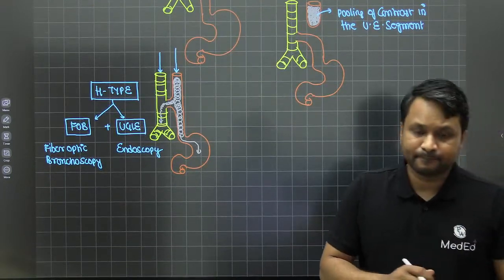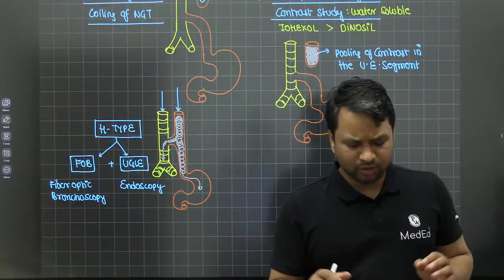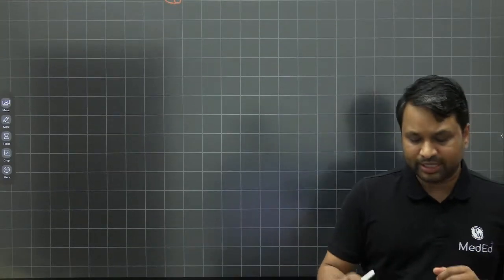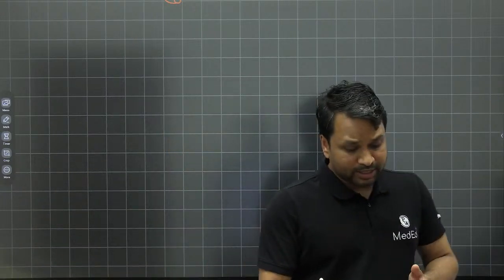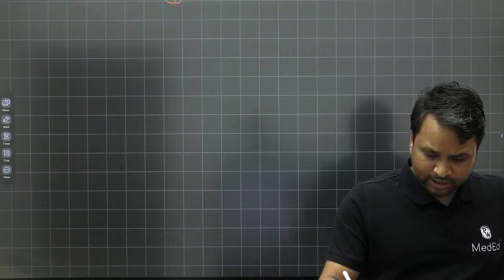Now, once you have diagnosed it, let's talk about the management, right? Once you have diagnosed this as tracheoesophageal fistula or atresia, you need to understand that every baby with TOF is known to have other congenital disorders.